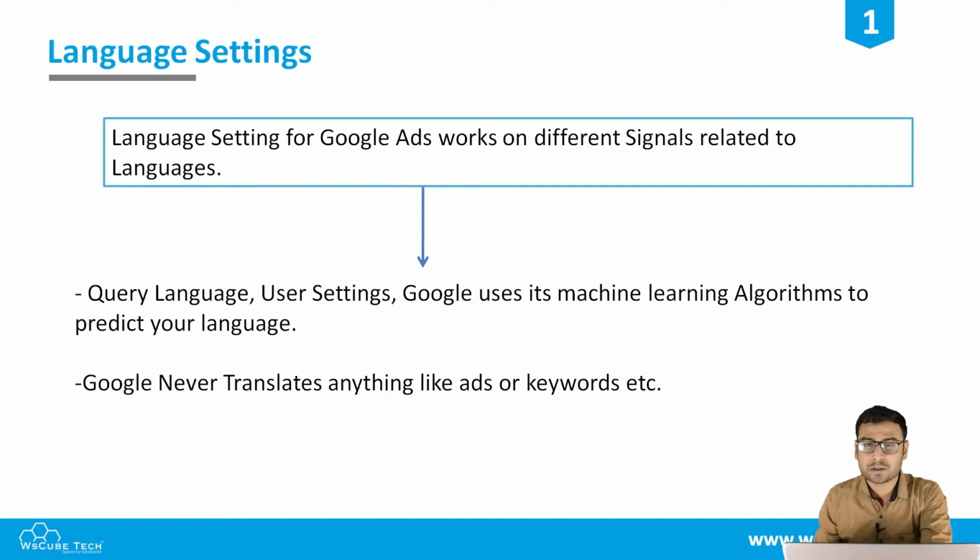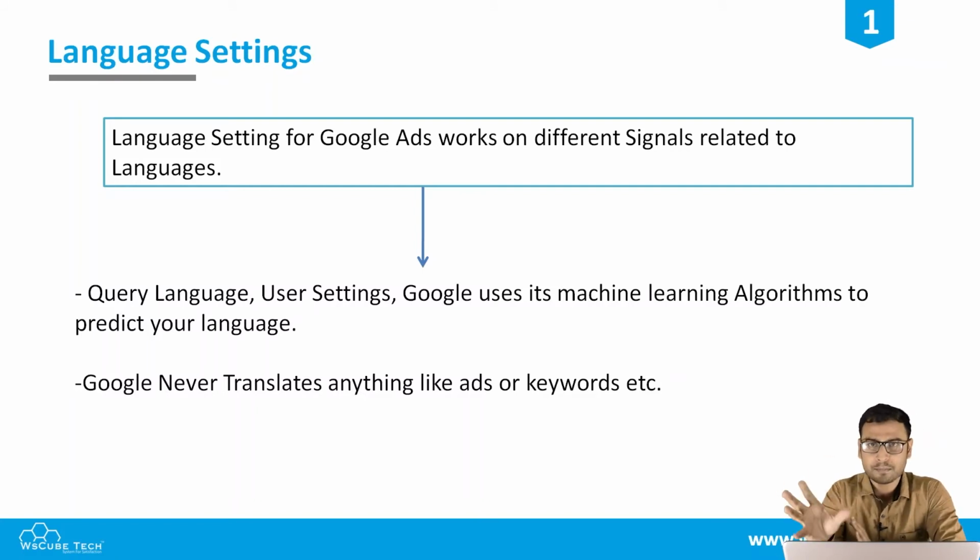Then there are user settings, such as the interface language of your Google.com, the language you have selected there. Apart from this, there are other things Google uses to predict what language you speak.